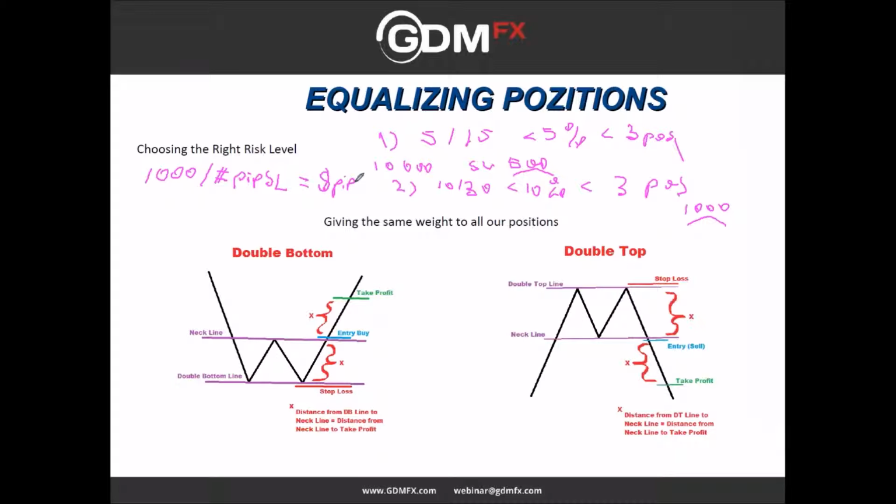So let's assume a double bottom formation on the euro-dollar with a stop loss of 45 pips and a take profit of 37 pips, for example. Okay, now here I have a very limited space, but I'll just write them here. Take profit of 45. Sorry, that was the stop loss.